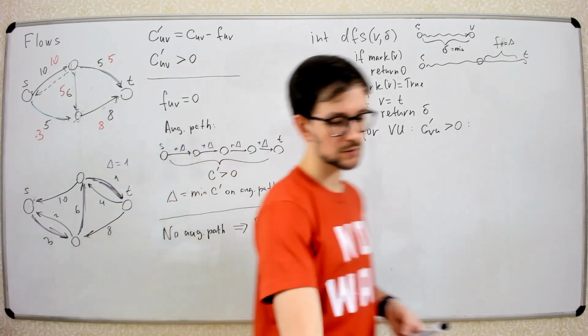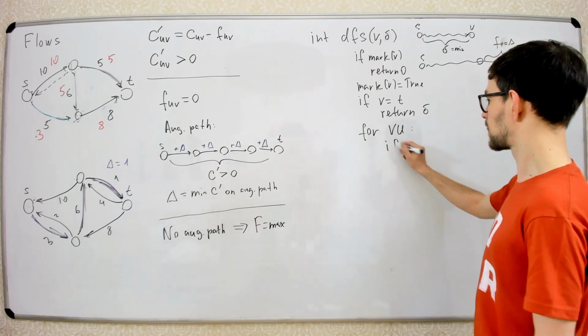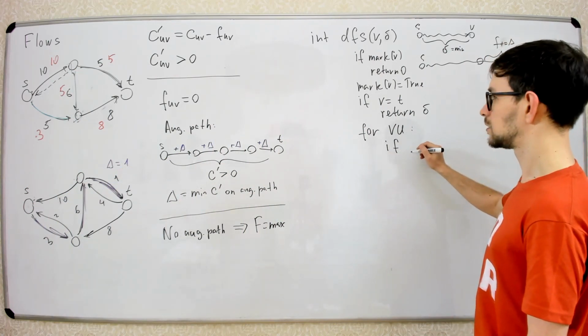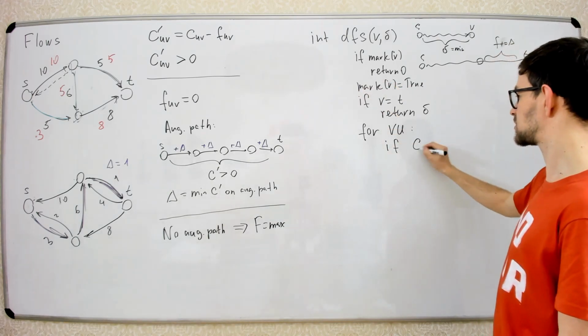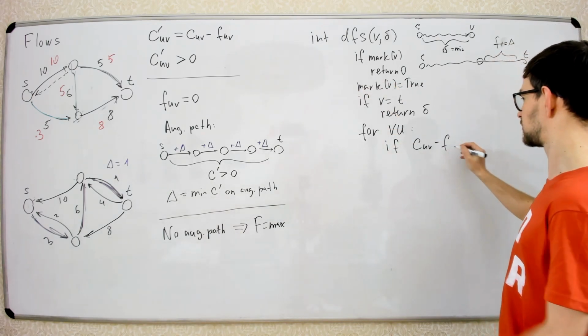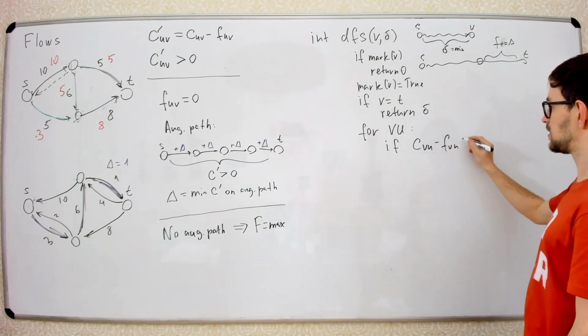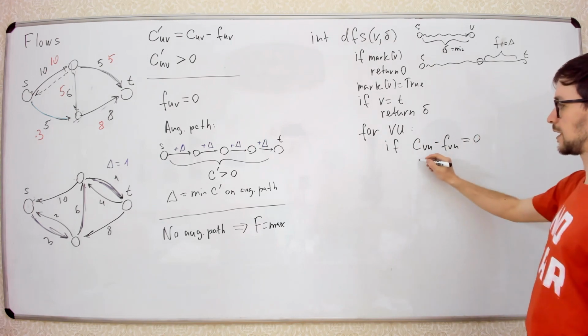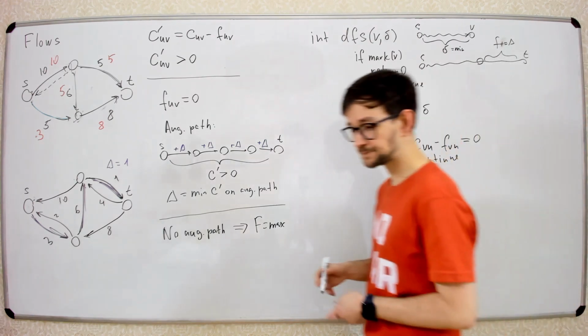Just erase it. Okay, let's do it in 2 steps. I have enough space here. Let's rewrite it. So residual capacity is just C minus F. So if C minus F of U V is equal to 0, then continue. Like this.